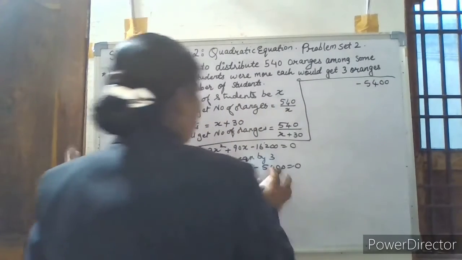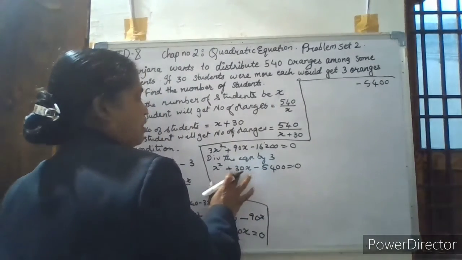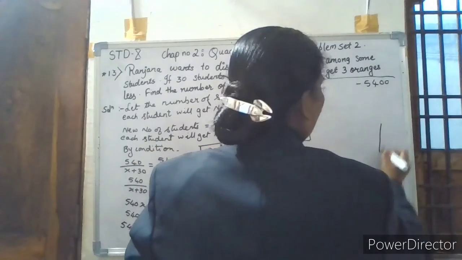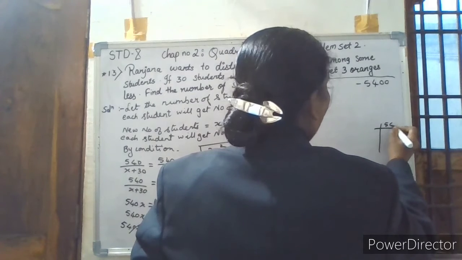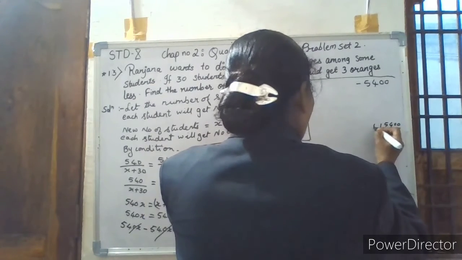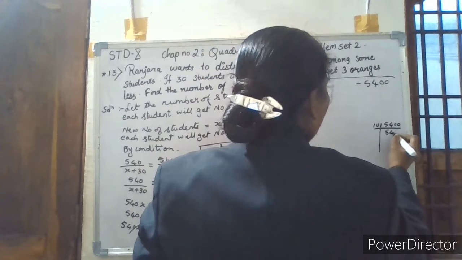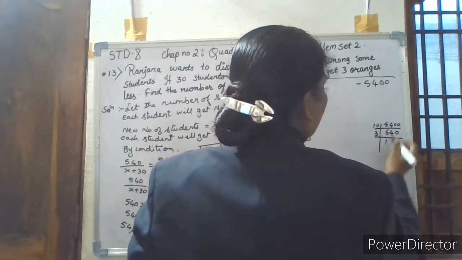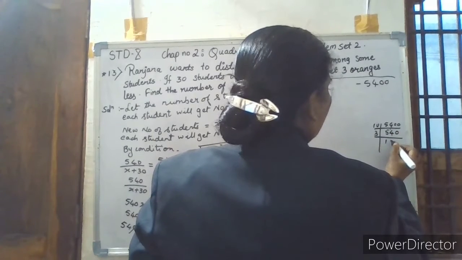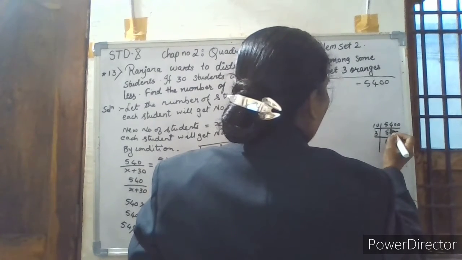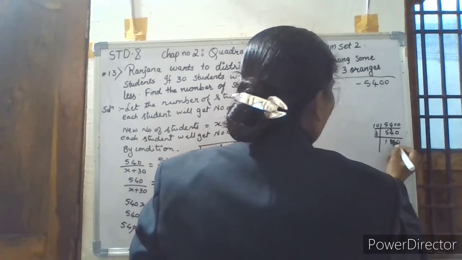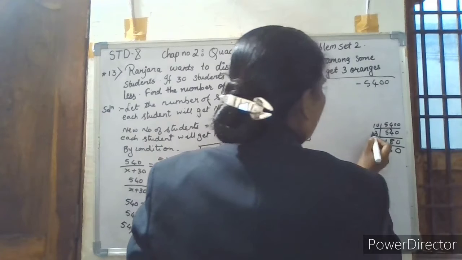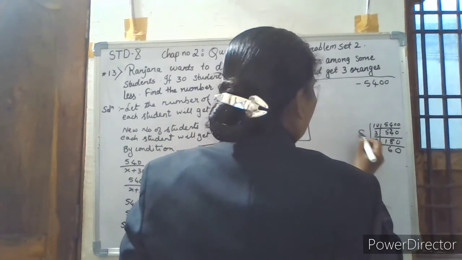This 5,400 should be split into such numbers that we get 30 as the middle term. Dividing by tens, we remain with 540, which factors into 90 and 60.